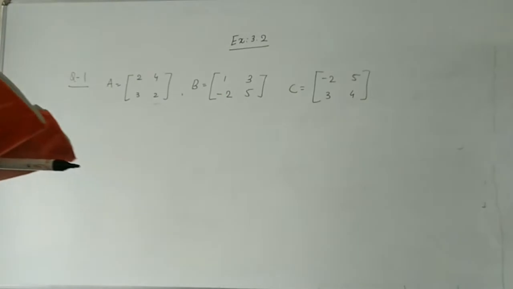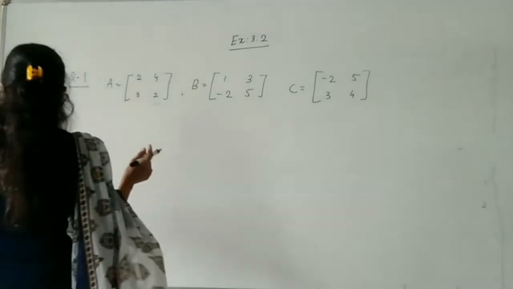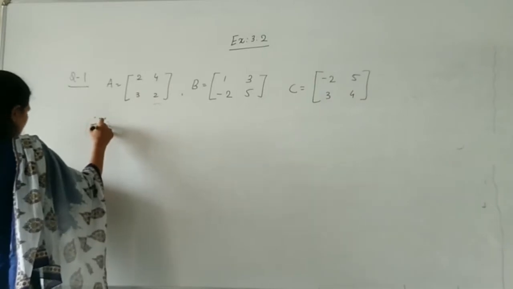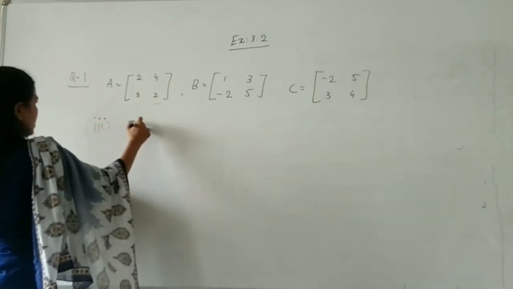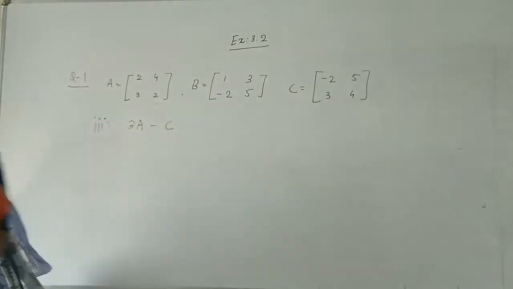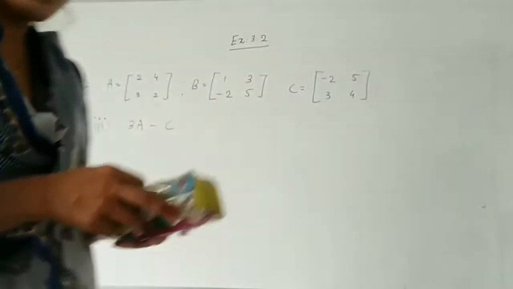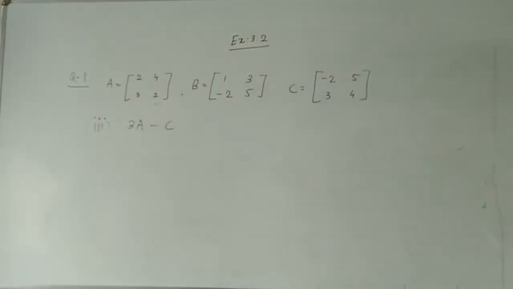First is A plus B, second is A minus B, then third is 3A minus C. So here we are going to find out the multiplication of A with the scalar K equal to 3. So you know that, students.